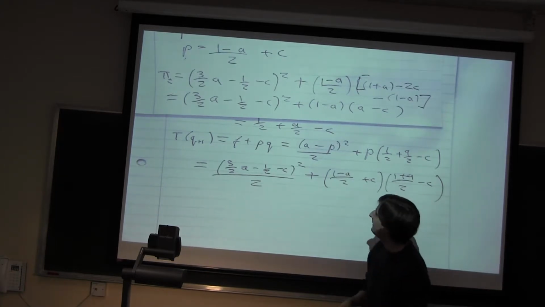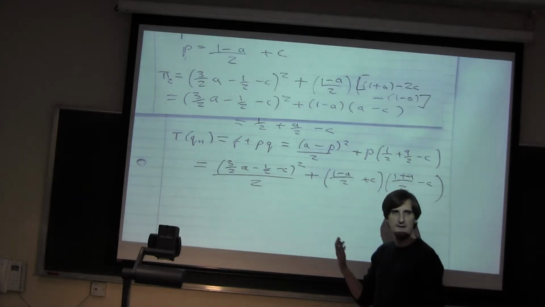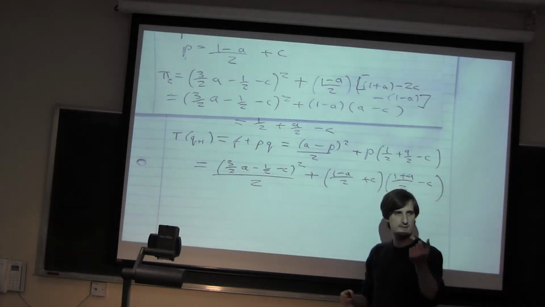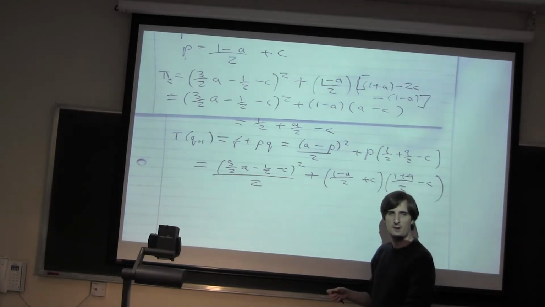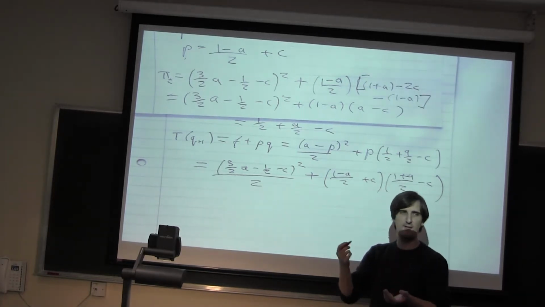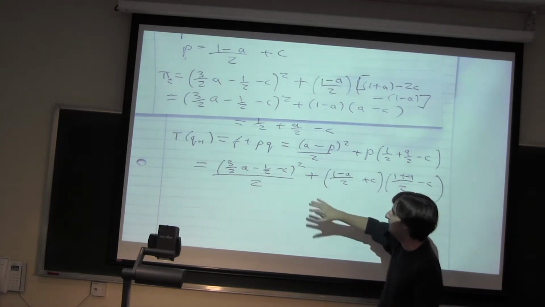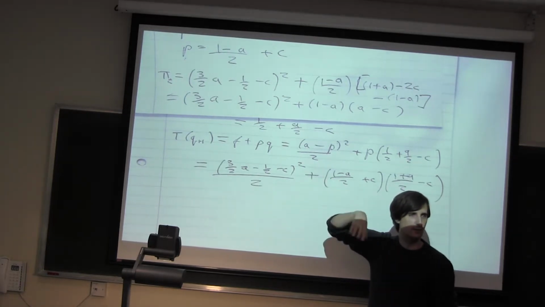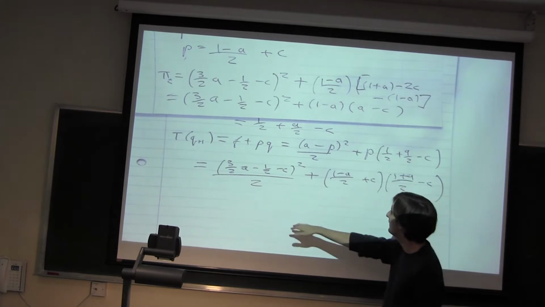So if you like, this is the bundle that the high types are getting. Effectively, they're being offered a price and a total cost. When we were moving away from the two-part tariffs to look at directly offering bundles, this is one possible bundle that the firm might offer to consumers.